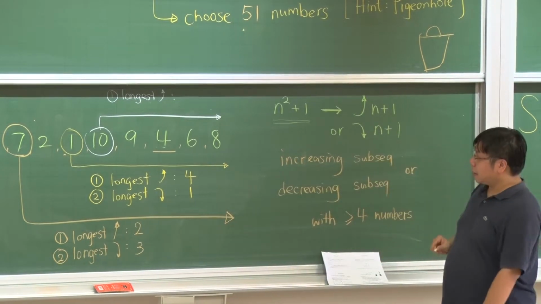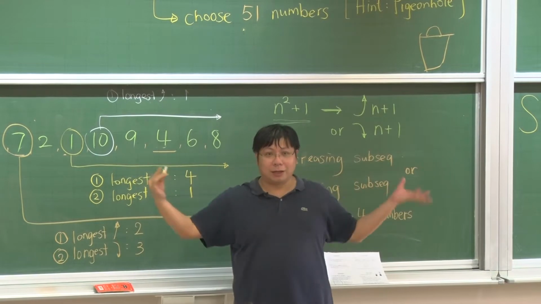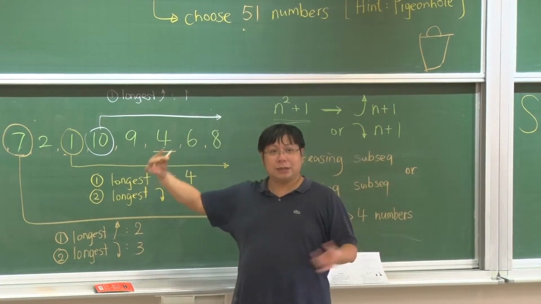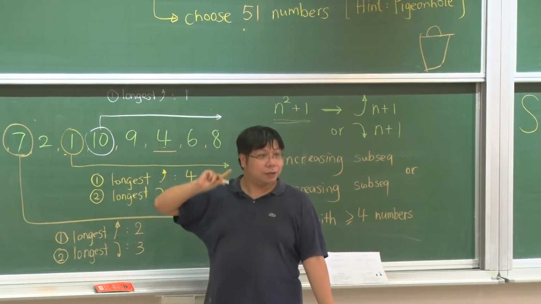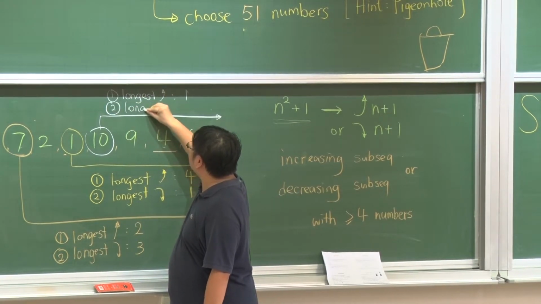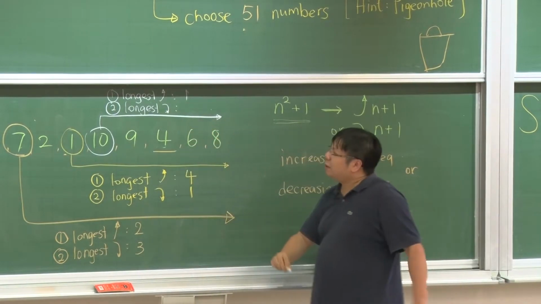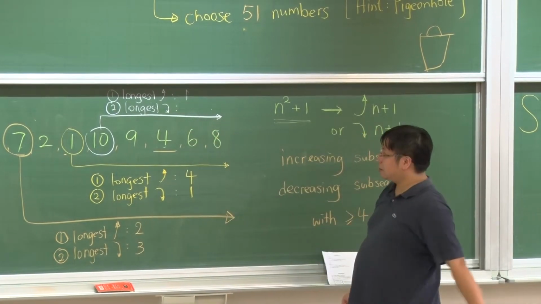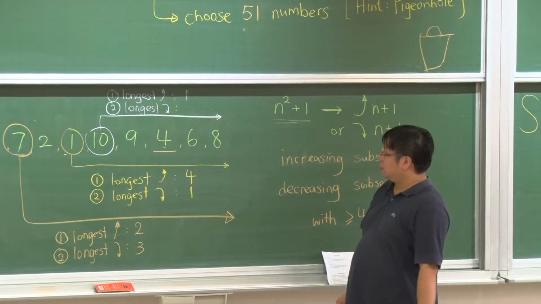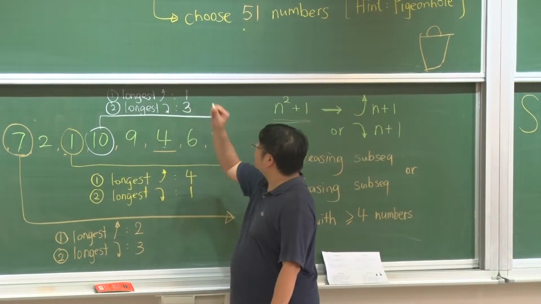The longest increasing is going to be 1, because 10 is the largest number, so you cannot make it longer. The longest increasing that begins with 10, you have to include this 10. And you have also the longest decreasing. Longest decreasing, this time it is 3. Is that okay?